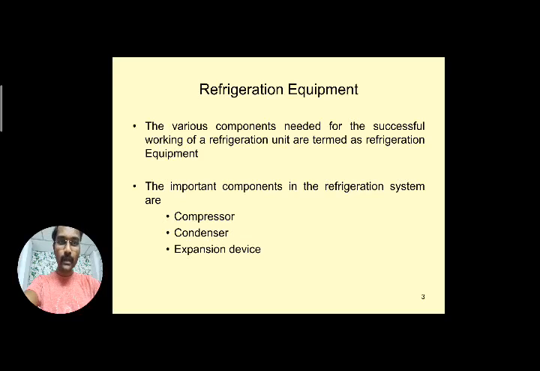Next, the condenser, expansion device, and evaporator. In the discussion of the system, we just focused on the function of each particular component like compressor and condenser. At the start of this chapter, we will concentrate more on how the compressor is working, what mechanical components are involved in it, what is happening at each and every point, how the refrigerant is entering, how the refrigerant is exiting, how the pressure is increased, how the temperature is increased, and what mechanical components are used in the compressor.